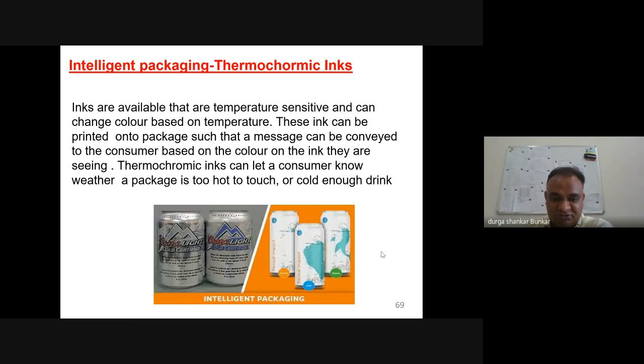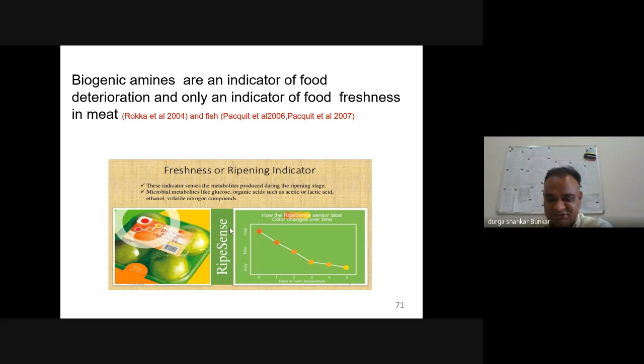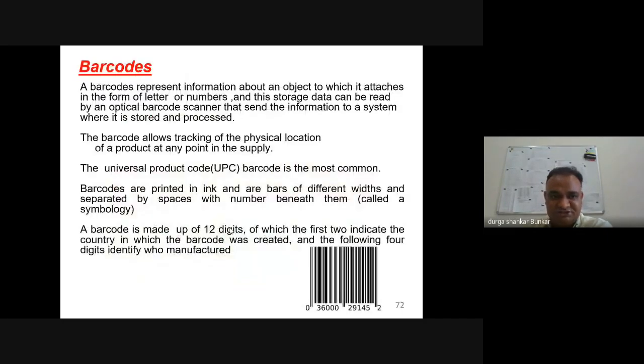Similarly, another example of intelligent packaging is a color temperature sensitive change in the outer cover of the packaging material, and how we can maintain freshness and the ripening index. All of these are part of intelligent packaging.